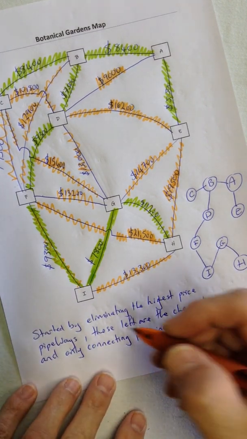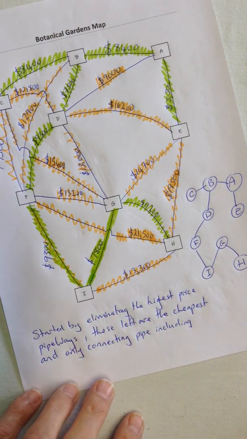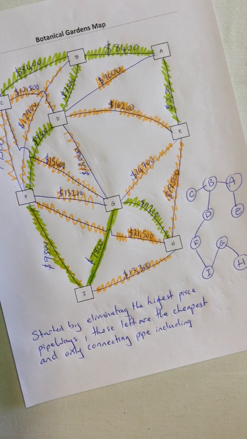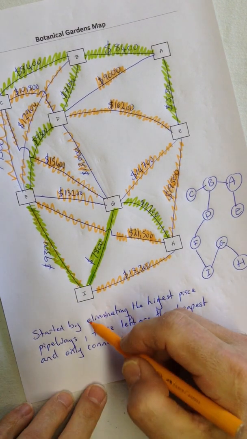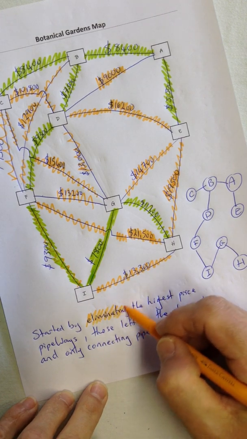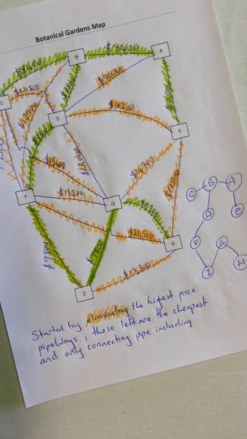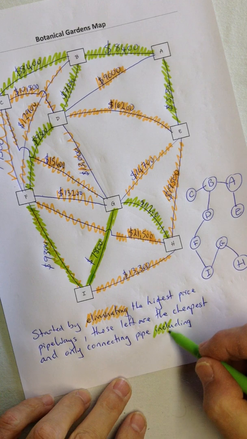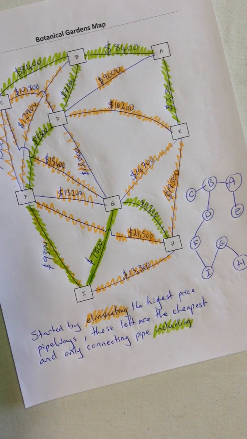So, I guess I should say, eliminating, I might even use some colors here. So orange is the ones that I eliminated, and green are the ones that are included. Okay, so there's some justification for my method there.